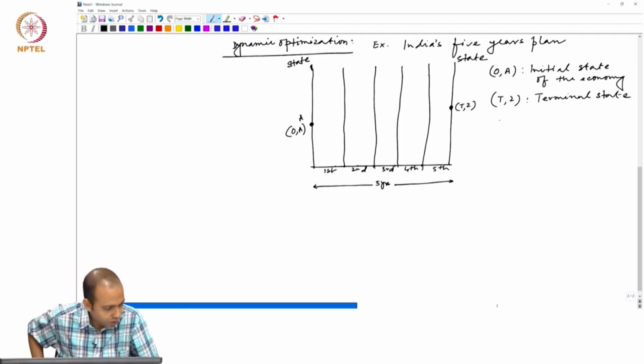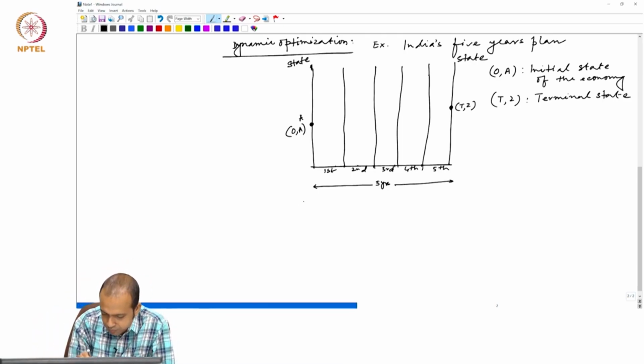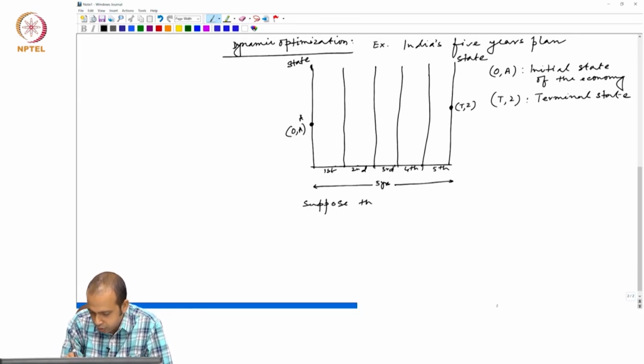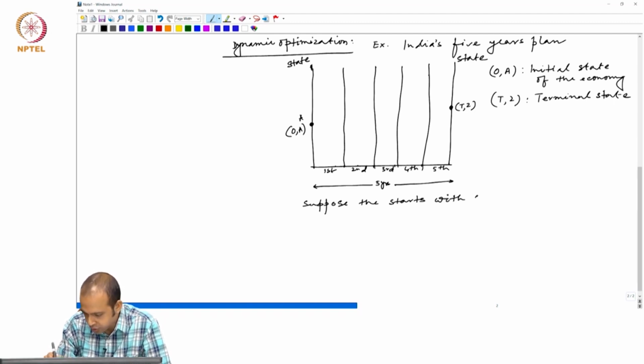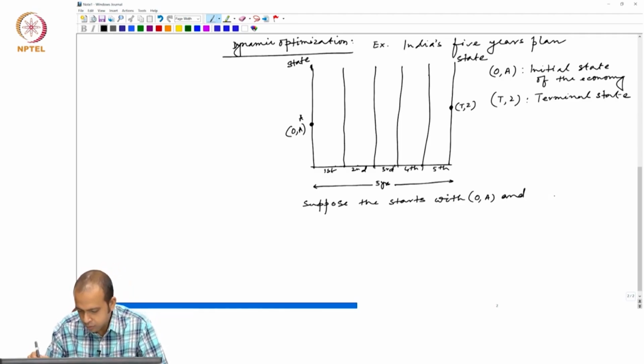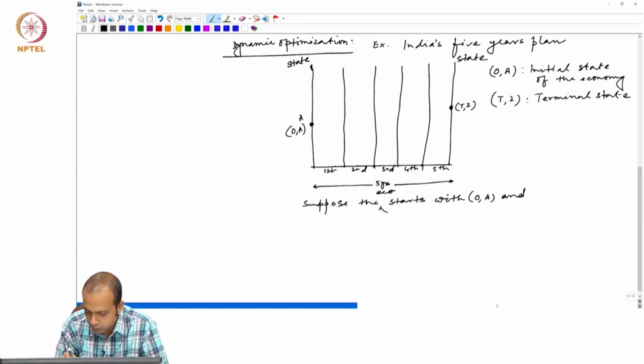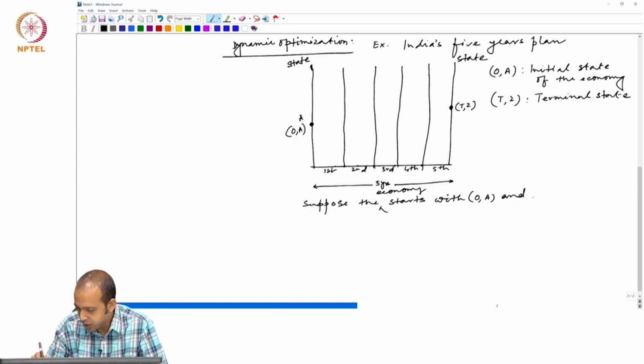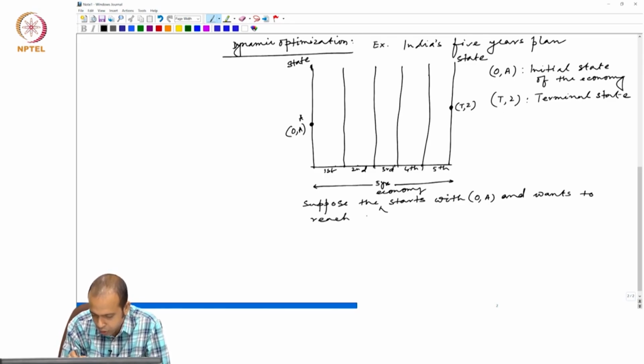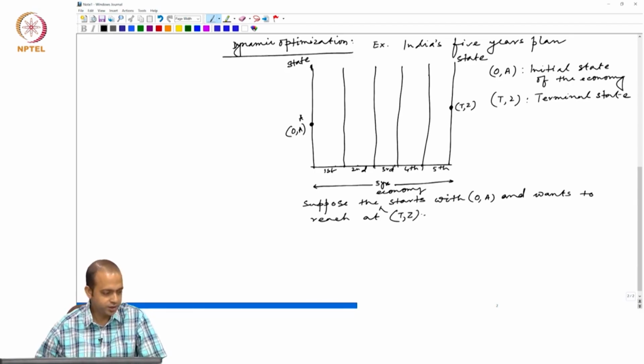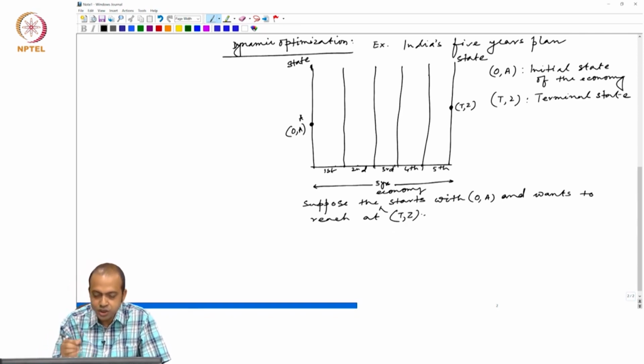Let us also assume, suppose the economy starts with 0 A and wants to reach T Z. And what is our decision variable?